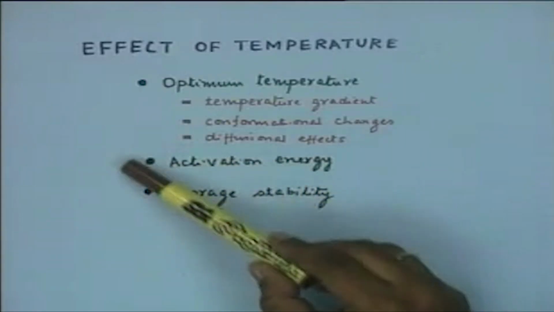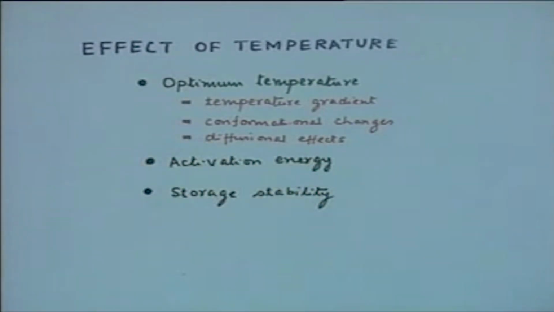Then the second parameter affected by temperature is the energy of activation. The effect of temperature on reaction rate gives you a parameter, activation energy, which is also considered a characteristic parameter for any chemical reaction.